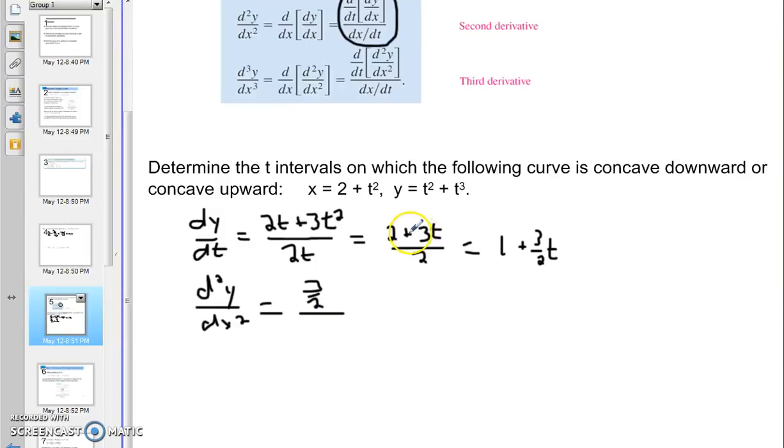Over dx dt, and did we do dx dt? That's right here. That's just 2t. So that looks a little bit ugly. I think we can probably clean that up a little bit.